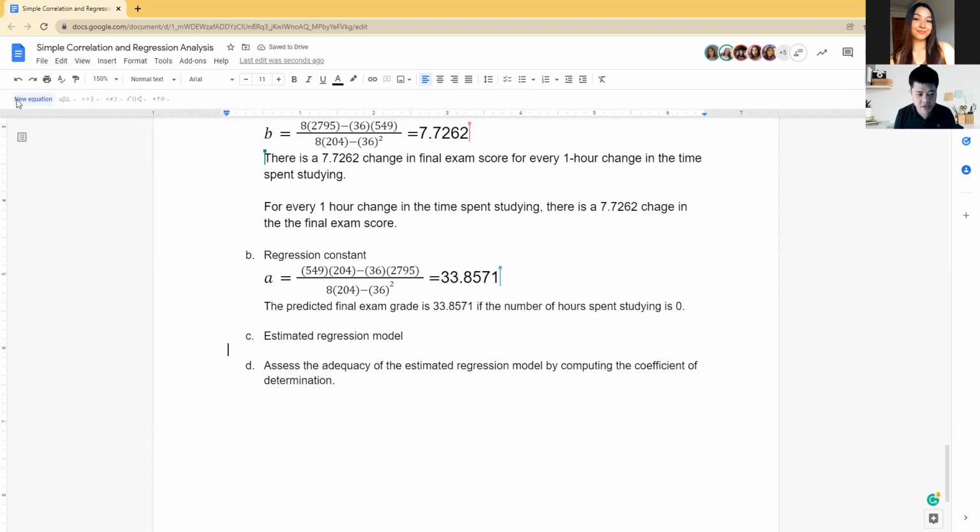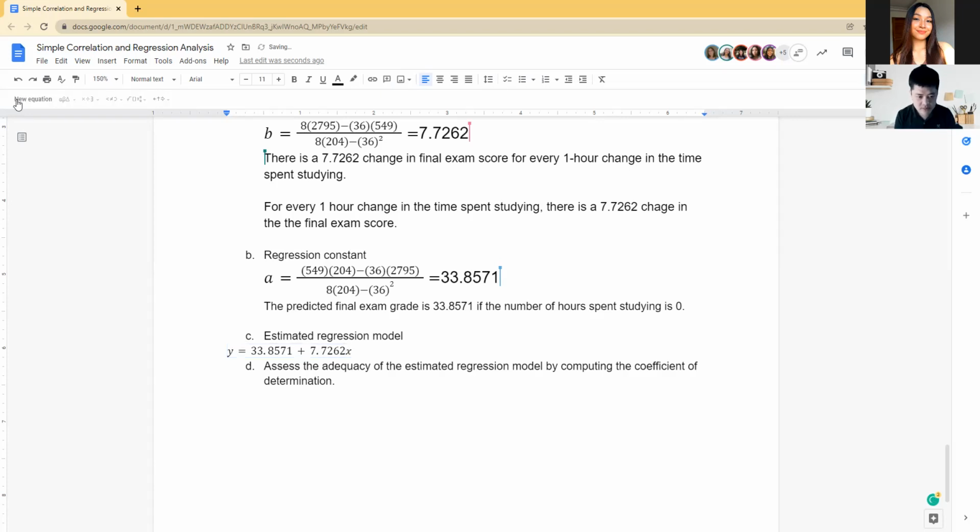For the estimated model, you can have y equals, so what will be your slope? Pero normally sinasabi mo na yung regression constant. So it's 33.8571 plus, if your slope is positive, in this case it's positive, 7.7262 x.